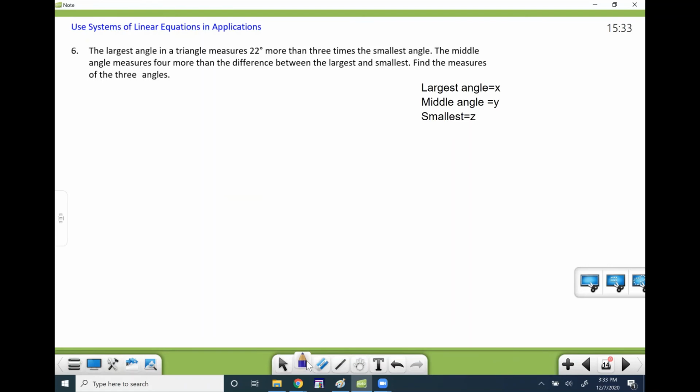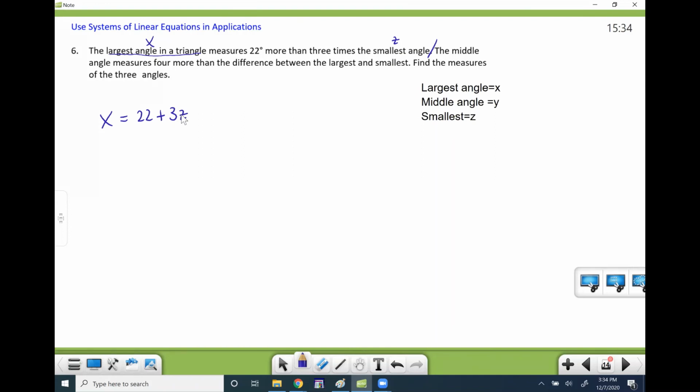Okay, so I'm reading through these and I'm going to stop at the period. That's going to be one of my equations. The largest angle in a triangle, so x, right? Measures 22 more than 3 times the smallest. Well, we just labeled the smallest as z. So there's one equation right there.